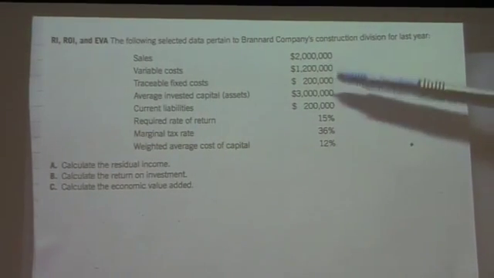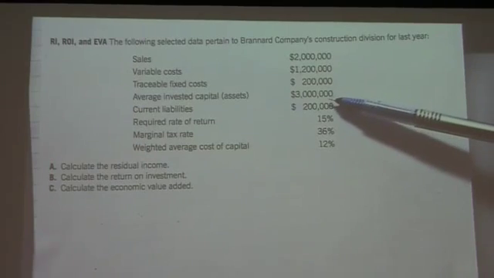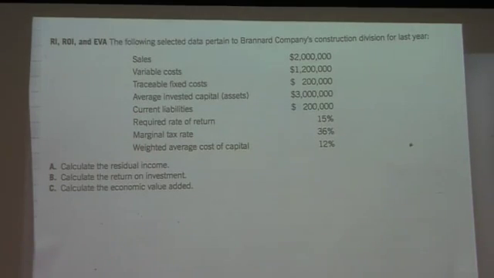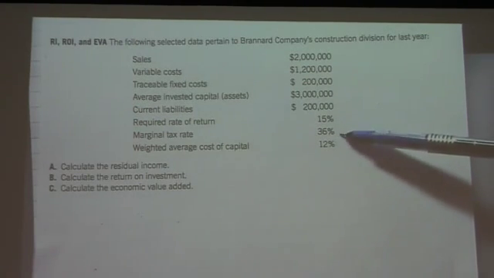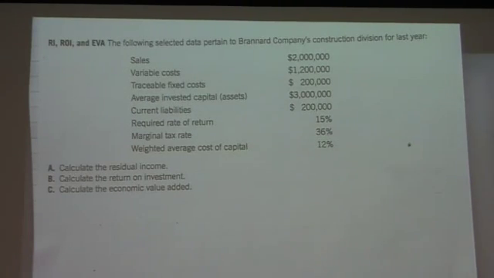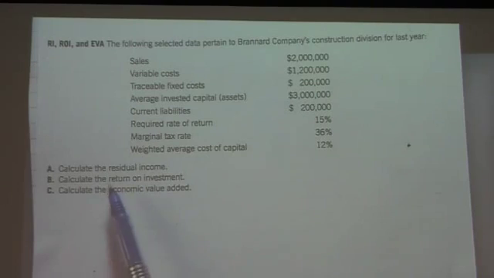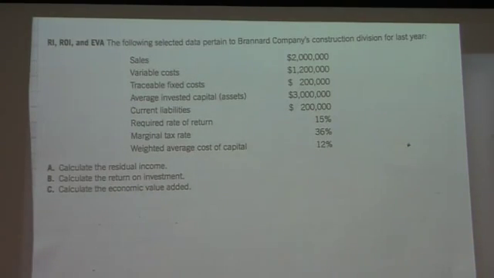So we've got sales, variable costs, traceable fixed costs, invested capital, or what we call asset, current liabilities, required rate of return is 15%, the marginal tax rate of 36%, and the weighted average cost of capital of 12%. The first part of the question asks us to calculate residual income. B asks us to calculate ROI, and then of course C asks us to calculate EVA. So let's take a look at that.